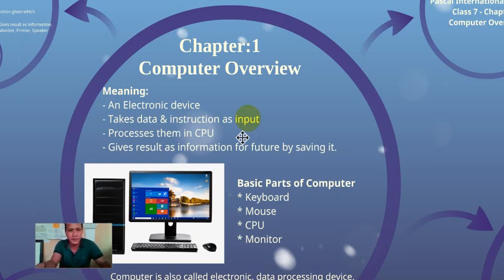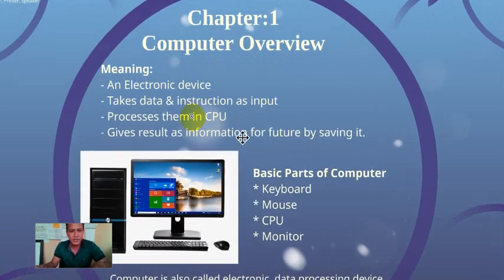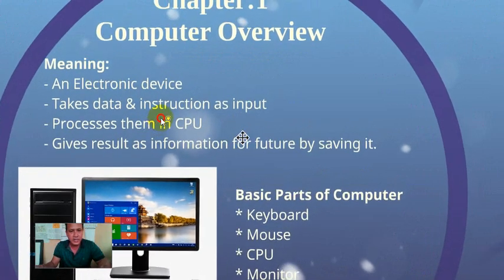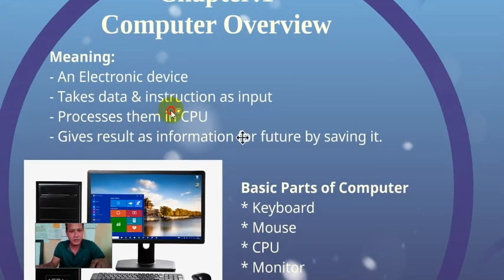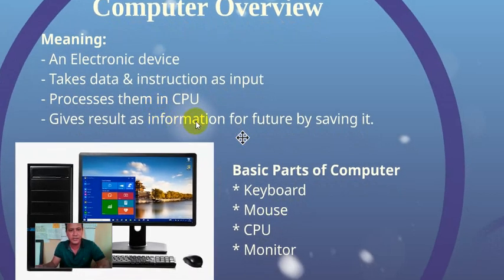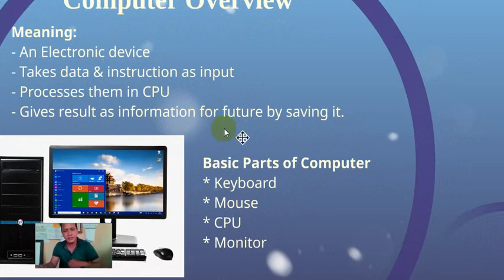After giving this data and instruction, it will be processed in the CPU. The raw, unprocessed data will be processed, and after processing it will give the result as information for future use, by saving it in hard disks or maybe in a Pendrive, whatever you have.